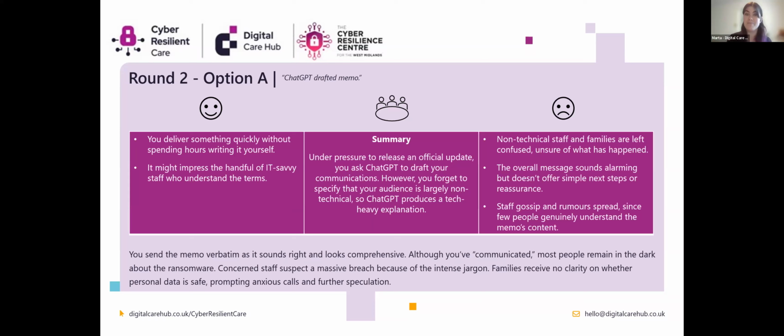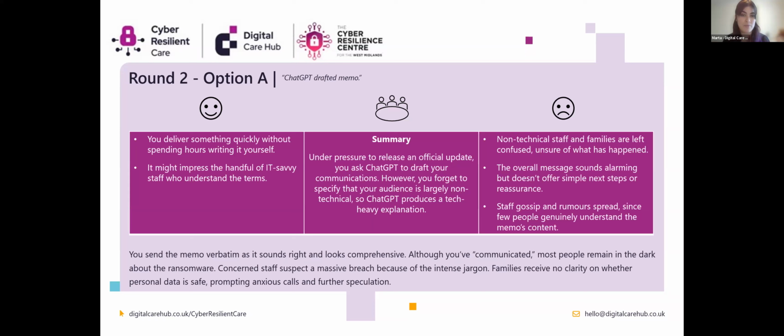The overall message sounds alarming, but doesn't offer simple next steps or reassurance. Staff gossip, rumors spread, and there's no clarity. Under pressure to release an official update, of course, you would use GPT to draft it, but you forget to specify that your audience is largely non-technical. So ChatGPT produces a very technical-heavy explanation. So this is just something that could happen, of course.